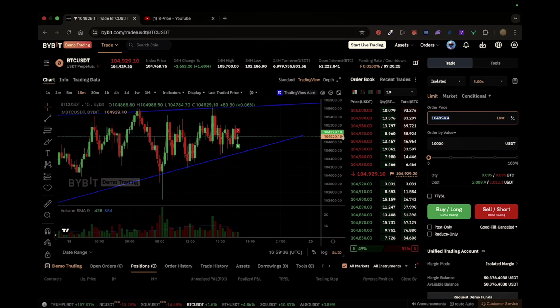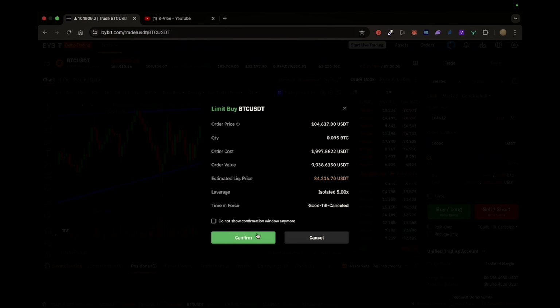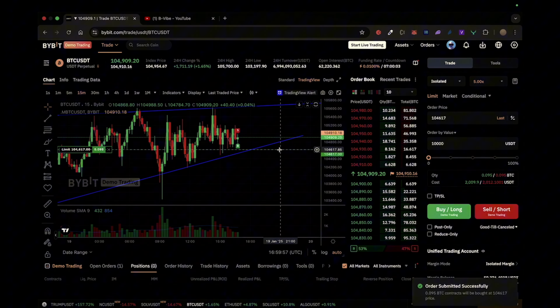I will enter $10,000, of which I'm going to use my own 2,000 and borrow 8,000 from the platform, and say okay, I will buy long. Confirm. Then you will see here that I have a new dotted line, set limit.